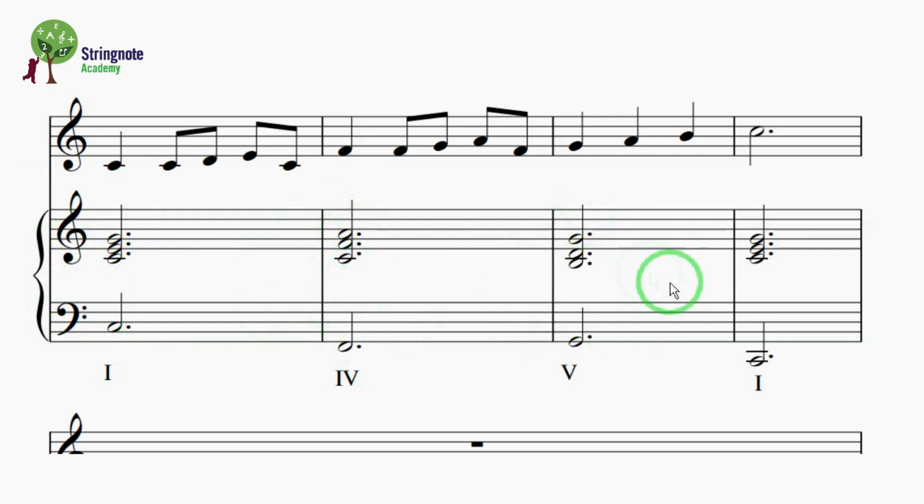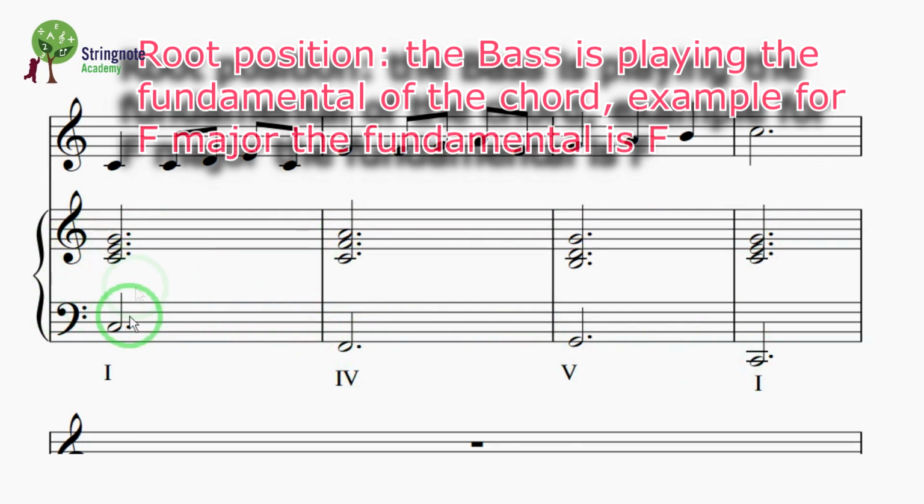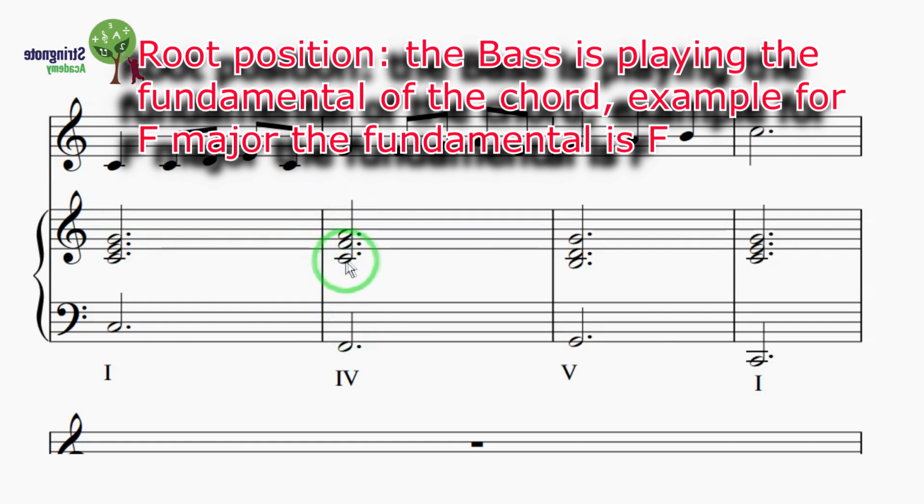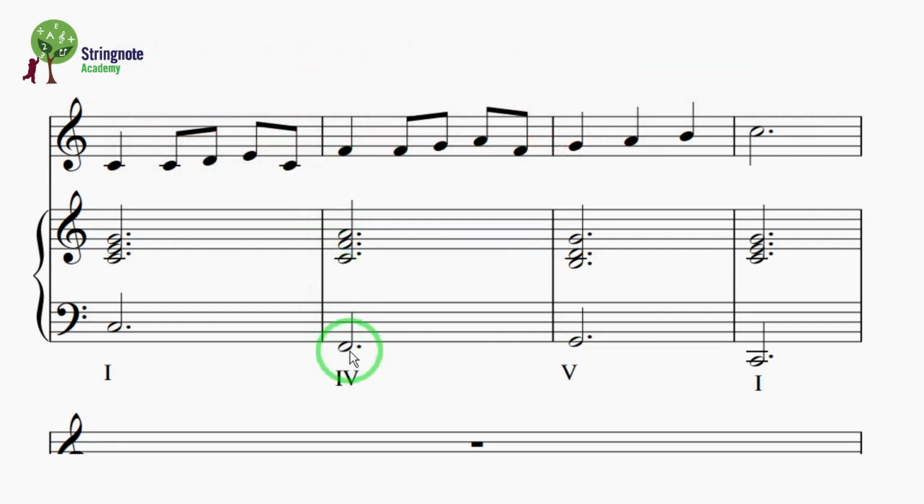In all these cases, because the bass is placed on the main note of each chord, the fundamental of each chord, we call this root position. These are root position. Now, if I change this, and instead of placing the bass on F, I place it on A, like this, then we will have an inversion.